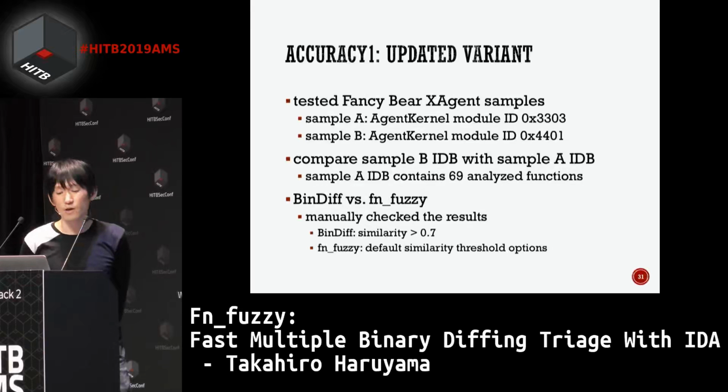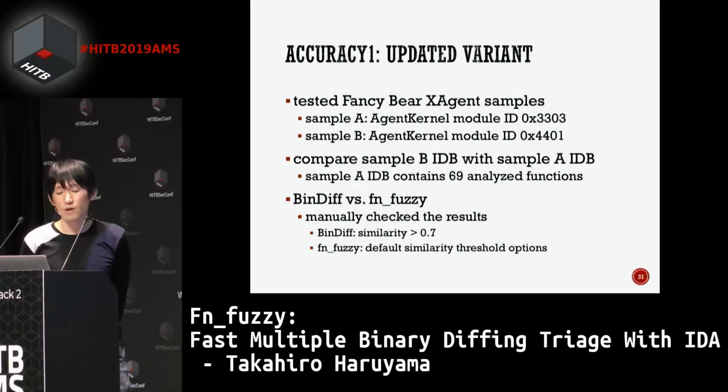In the second case, I used the APT10 ANEL samples. Sample A is not obfuscated, and sample B is obfuscated with compiler level obfuscations, as I mentioned earlier. BinDiff detected 3 similar functions.